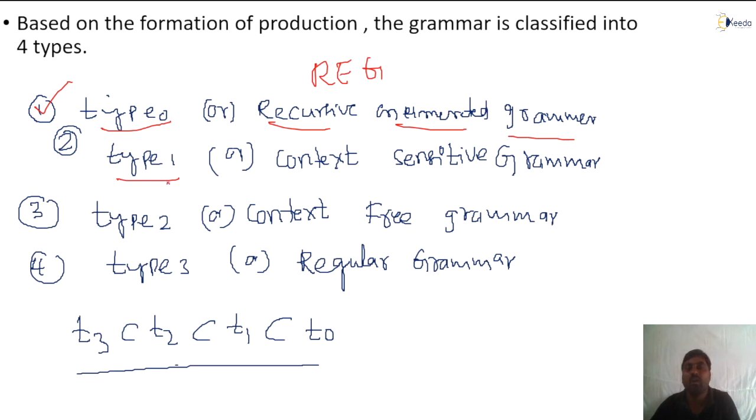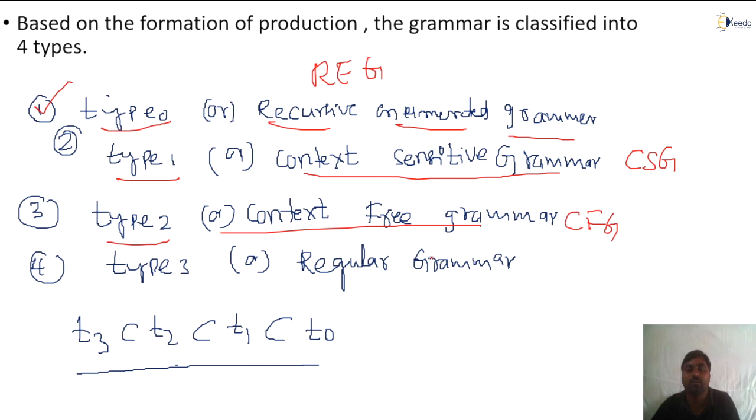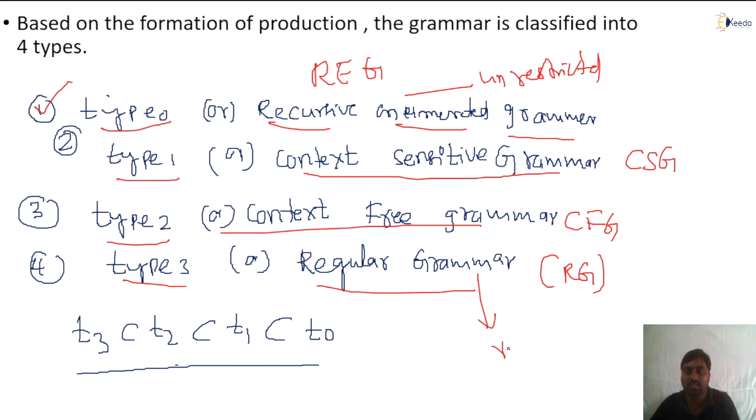Second, type 1, or context sensitive grammar. Third, type 2, or context free grammar. And fourth, type 3, also known as regular grammar. Type 0 is unrestricted grammar, and the others are restricted grammar. Please do understand.